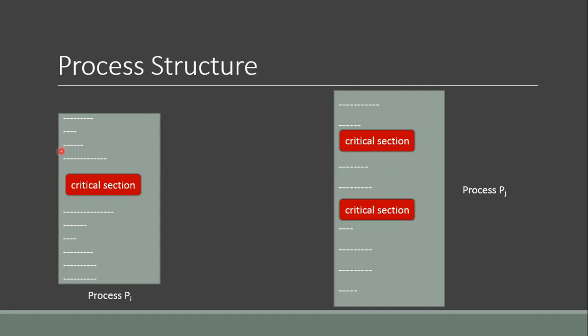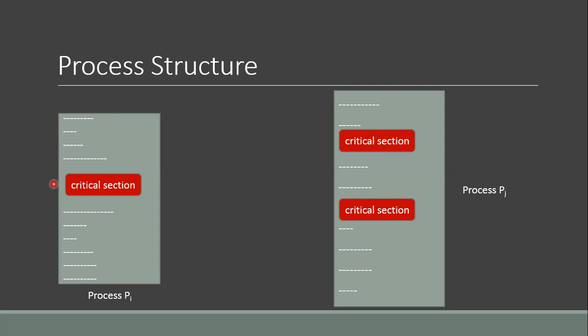Processes can execute their remainder section concurrently without any error condition or violating data integrity. The remainder section doesn't hold any kind of shared data, so processes can execute the remainder section concurrently.